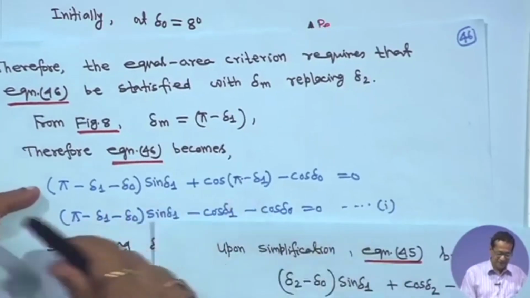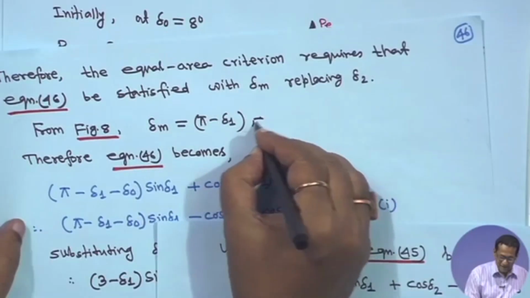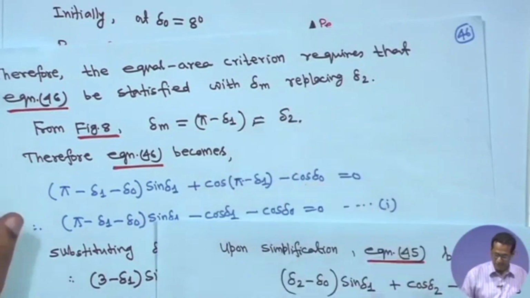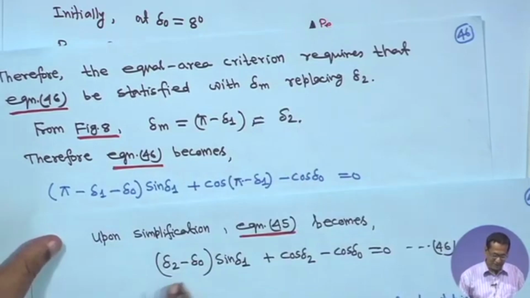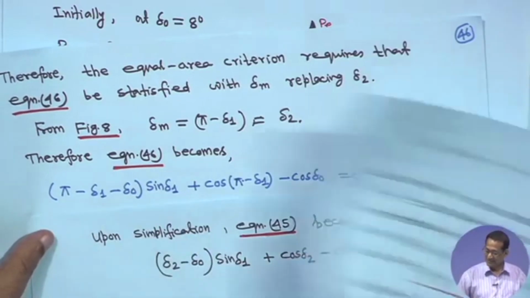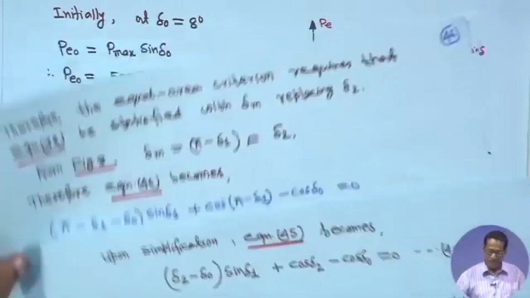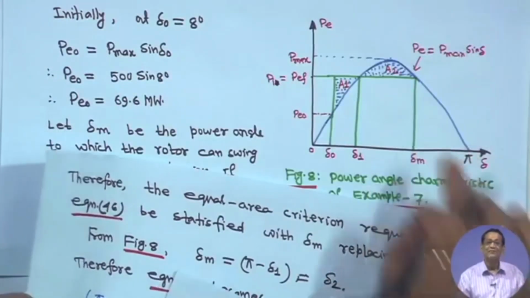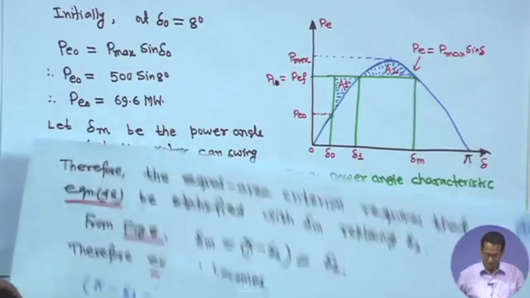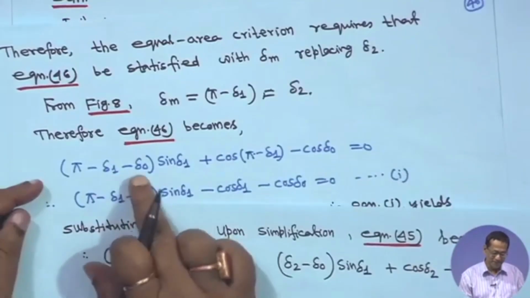That is for your understanding, so that you do not get confused. In equation 46 please put pi minus delta 1, because in this figure it is up to delta 2, but it can go up to the maximum delta m, from delta 1 to delta m. That is why for your understanding I am writing this as delta 2. So, put here pi minus delta 1.